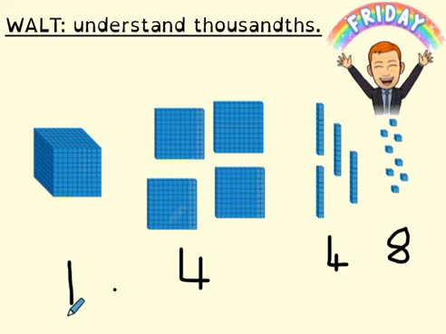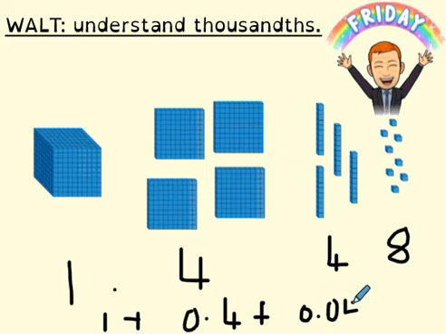So you've got one whole, add 0.4, 4 tenths, as we can see, add 0.04, which would represent my hundredths, add 0.008. So each representation here is showing the same number. I'm just doing it in a slightly different way.